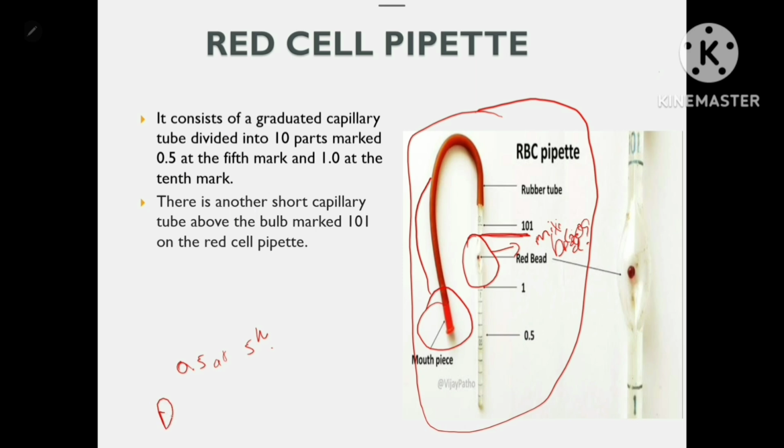The dilution fluid used in this is Hayem's fluid, or other fluids like Dacie's fluid can also be used.